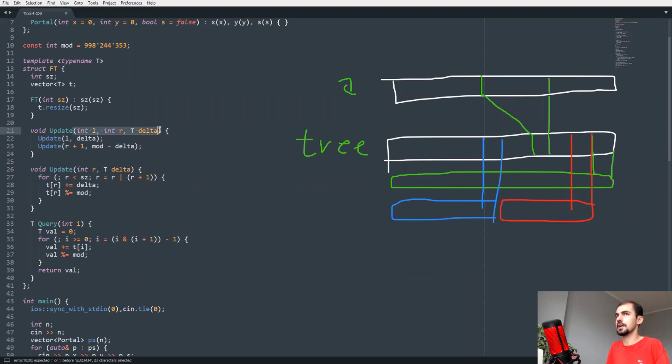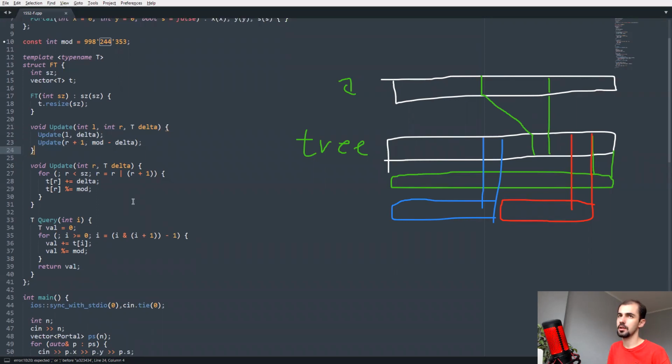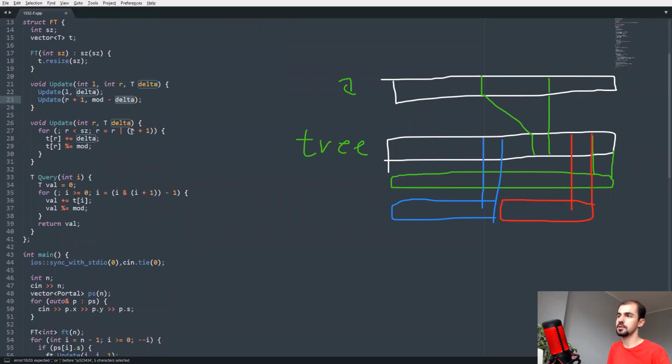Actually, when we update delta from L to R, it means that we update the prefix up to L with delta, and then we update the prefix up to R minus 1 with minus delta. It's a common idea to represent each segment as a difference of 2 prefixes. If you can do operations on prefixes efficiently, then you can also do operations on segments inside efficiently, if the operation is revertible, of course.